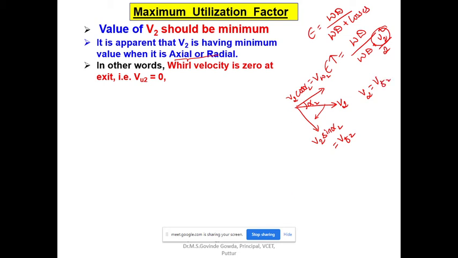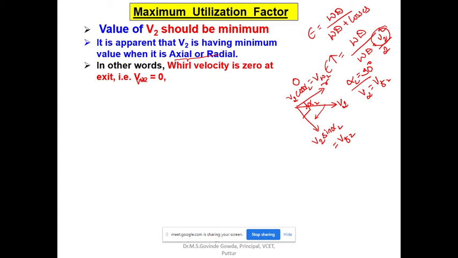So at that time, my alpha 2 will be equal to 90 degree. If my alpha 2 is 90 degree, then what happens to VW2? What is cos 90 value? 0. So my VW2 becomes 0. Wheel velocity becomes 0. That is how we can minimize the V2.